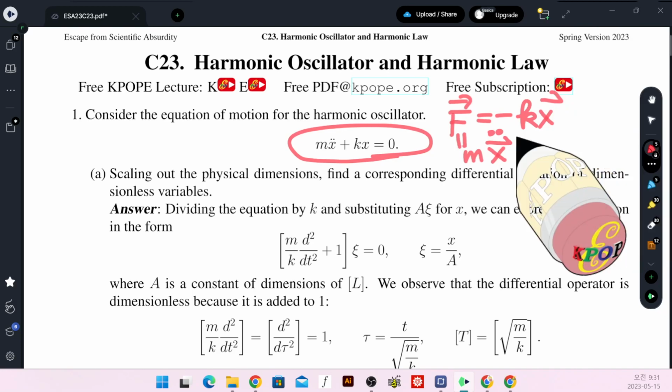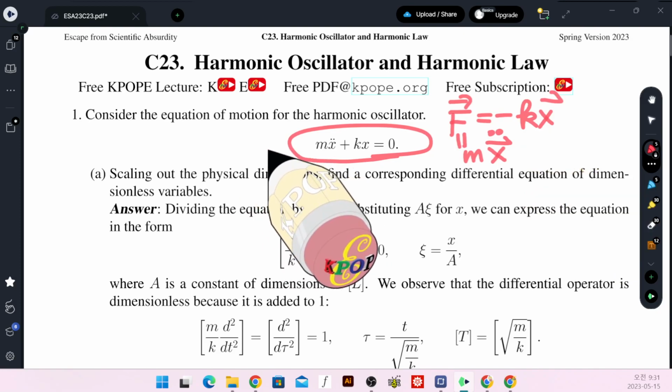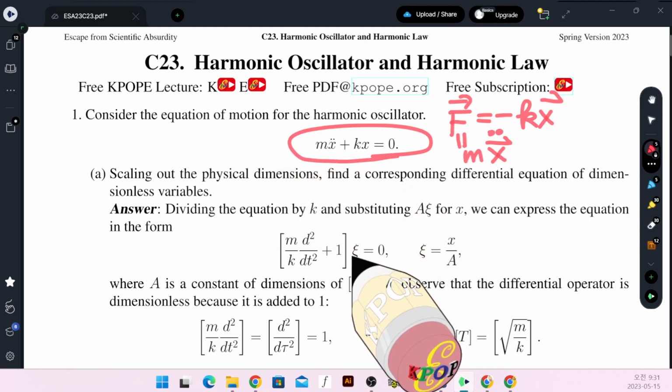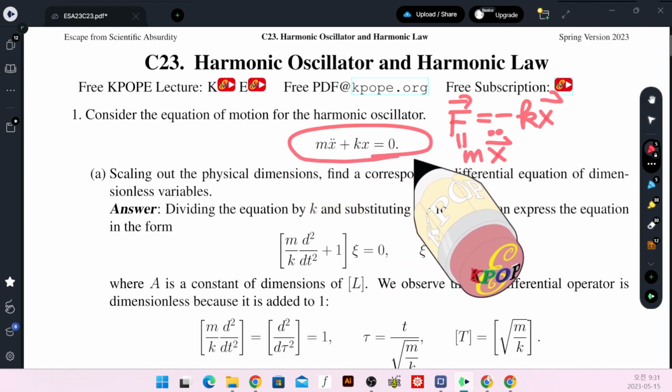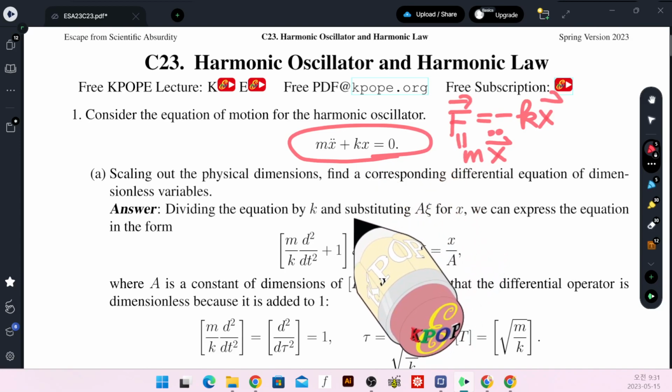If it is restricted to one-dimensional motion, then we can construct this equation in one dimension. We can simplify this equation by rescaling it into a dimensionless differential equation.